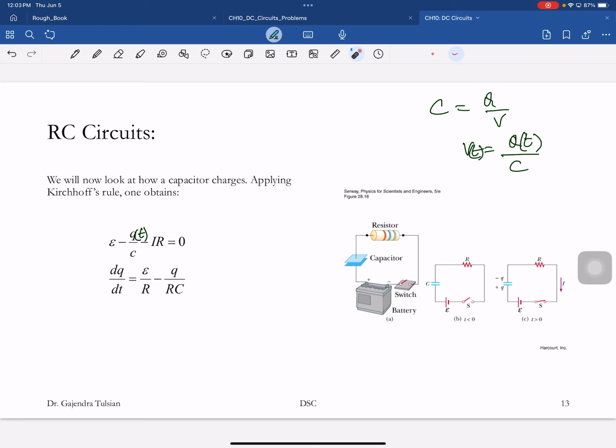And then you go across this, and you're going with the current, so it's minus IR. So in this system, there's the equation: E equals Q(t) over C plus IR, where I is dQ by dt.